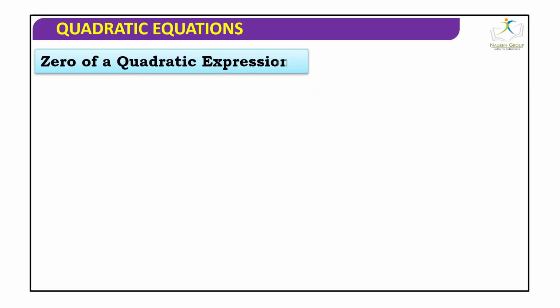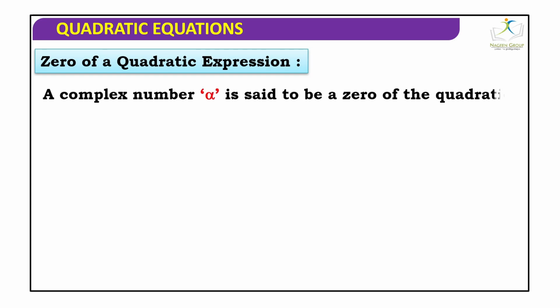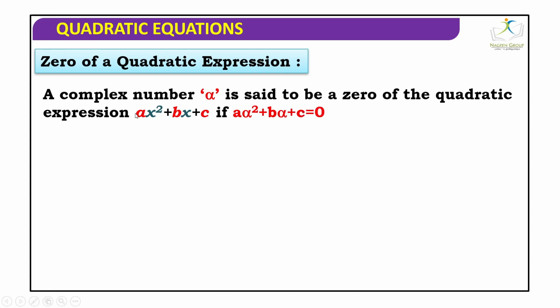Now understand the zero of a quadratic expression. If we have any quadratic expression, then how do we find the zeros? A complex number alpha is said to be a zero of the quadratic expression ax square plus bx plus c if we put the value alpha in place of x, and at the same time this complete expression becomes equal to 0. What should this whole value become equal to? It should become equal to 0.